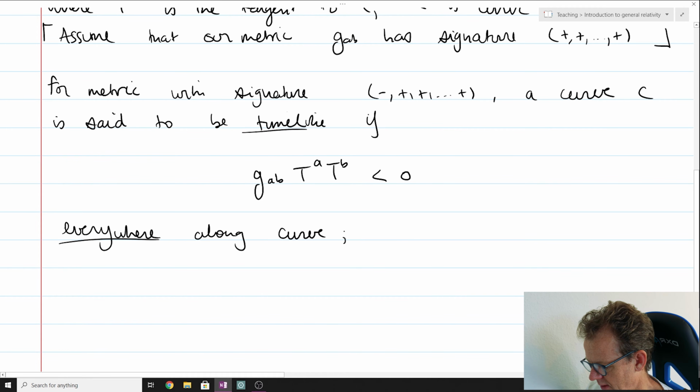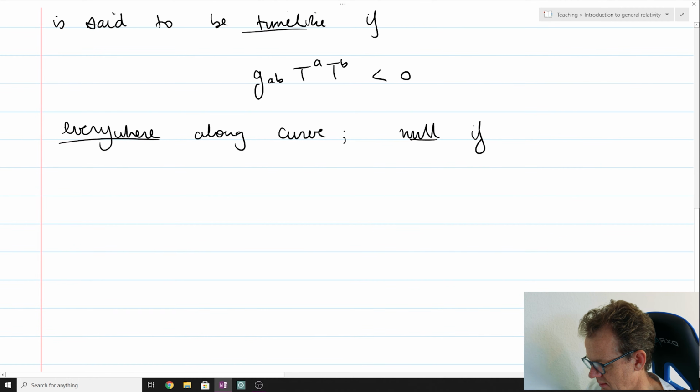And we have two other kinds of curves that you're certainly familiar with from special relativity. We have null curves. They're ones where the inner product of the tangent vector is exactly 0 everywhere.